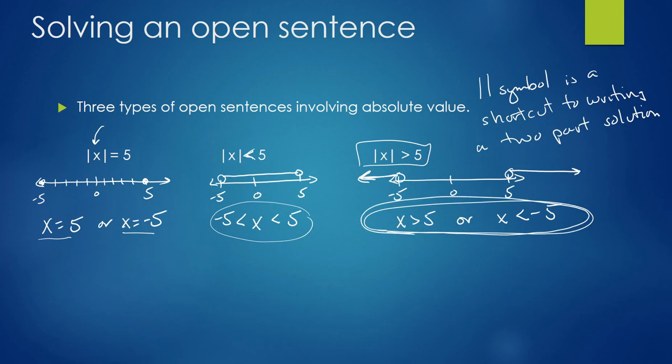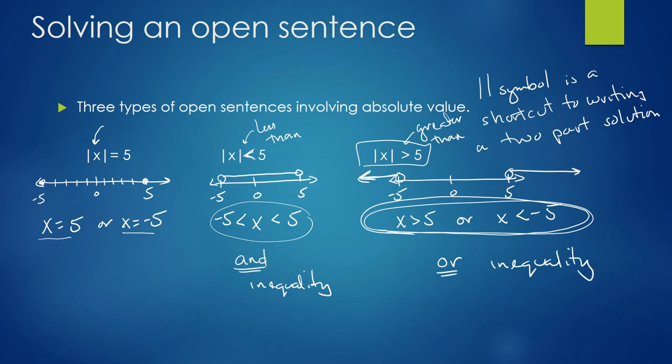Okay, we'll talk a little bit more about this in class, but I want you to see that a less than absolute value becomes an and inequality. Remember, we talked about 2 different kinds of compound inequalities. And a greater than absolute value expression becomes an or compound inequality. So just keep that in mind and pay attention to that as we go through this lesson.